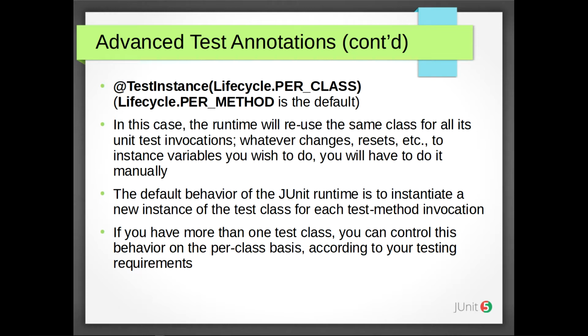The default behavior of the JUnit runtime, of course, is to instantiate a new instance of the test class for each test method invocation. That is the default behavior. It does not have to be specifically provided to the runtime as an annotation. If you have more than one test class, you can control this behavior on a per-class basis according to your testing requirements.